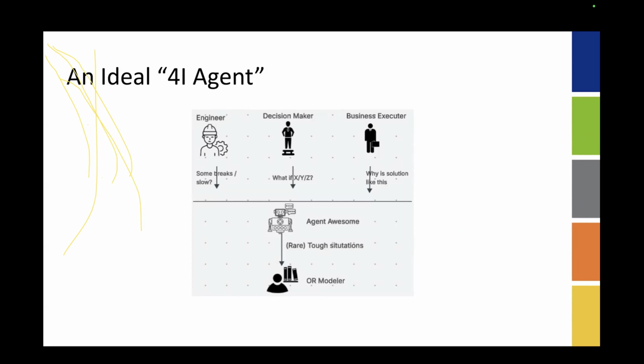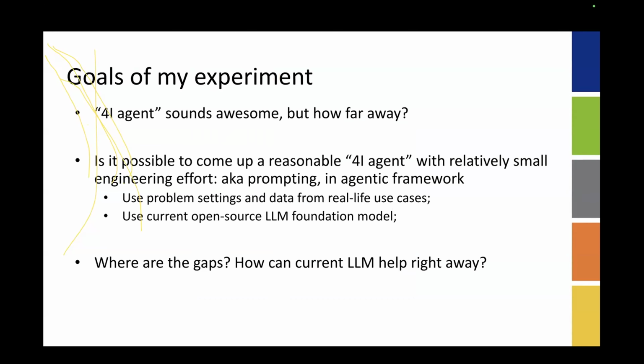It also streamlines the overall business process, by having other people know more about the optimization solver, or having more trust in the solution that was provided. That's an ideal scenario. And then in the next hopefully 20 minutes, I'm going to give a live demo on how I can put together an agent that does this.